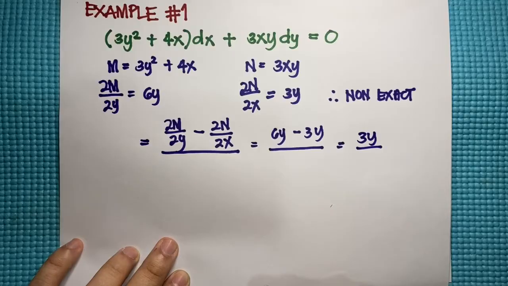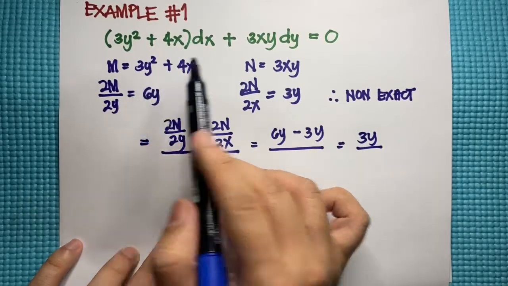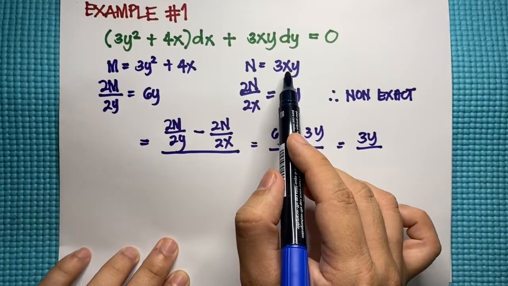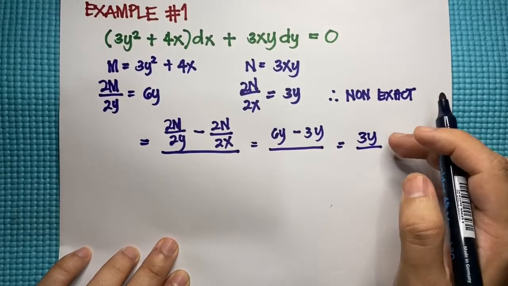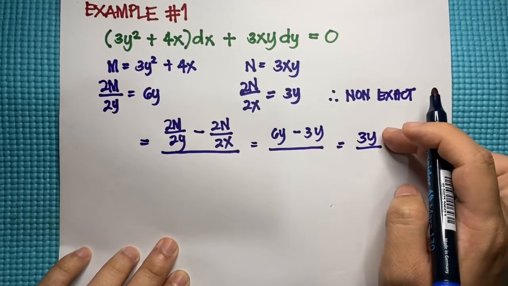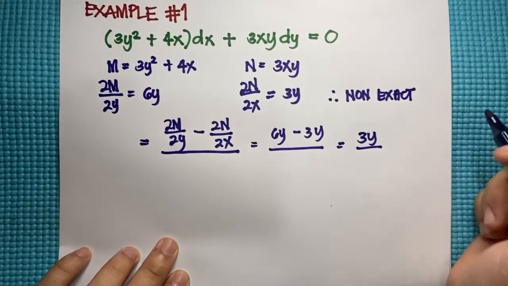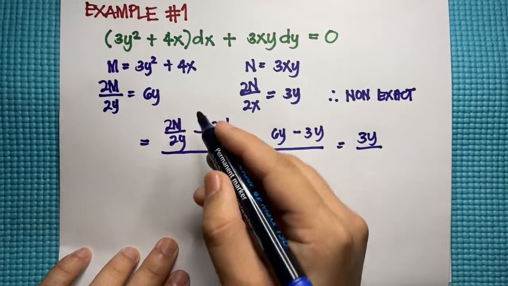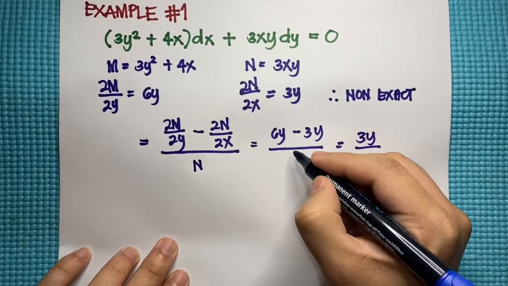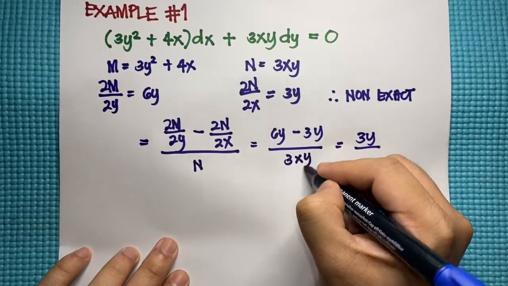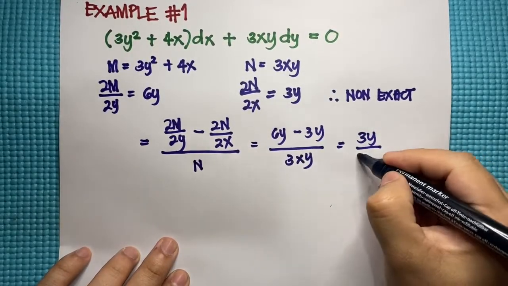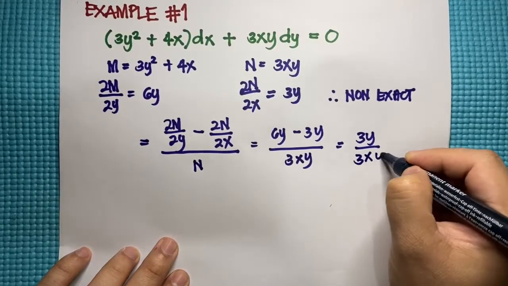For case 1, it is logical that I divide it with N. Since my answer here is just 3y, definitely something would cancel out if I divide it with N, which is 3xy.